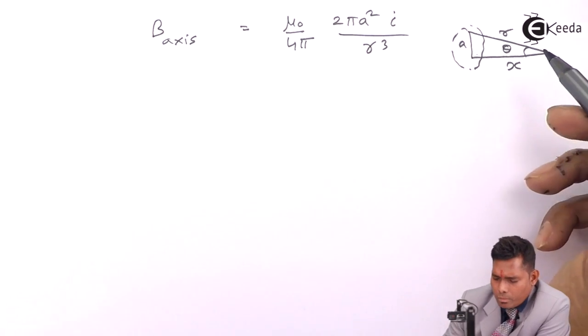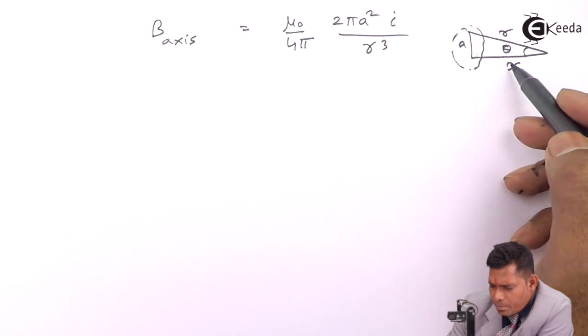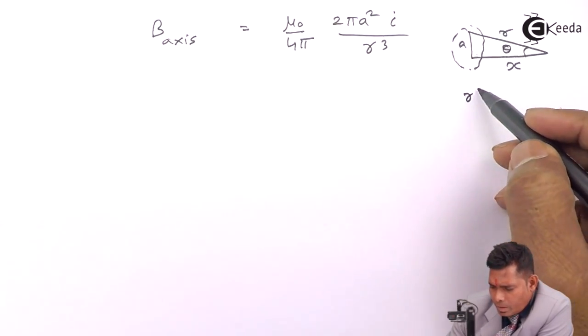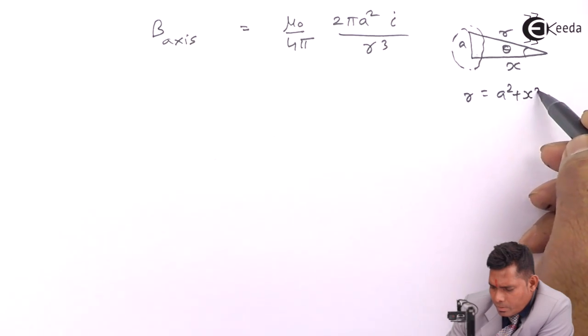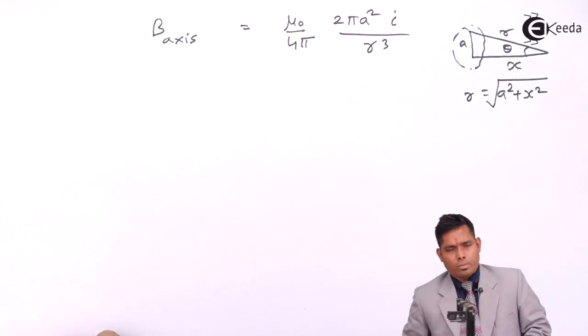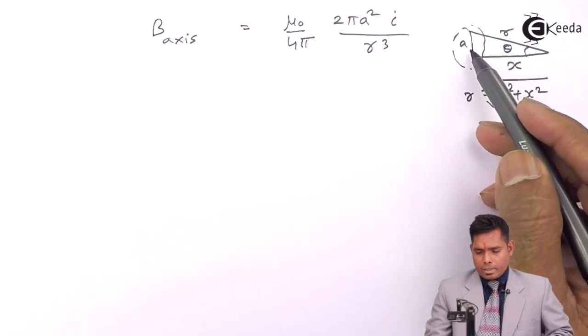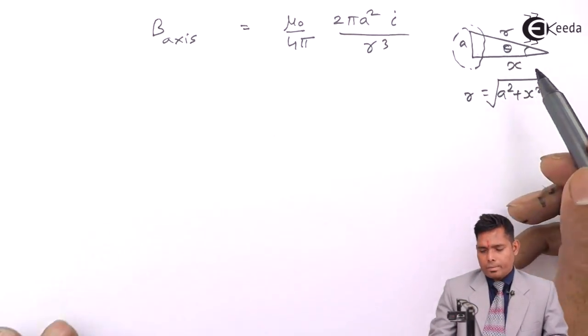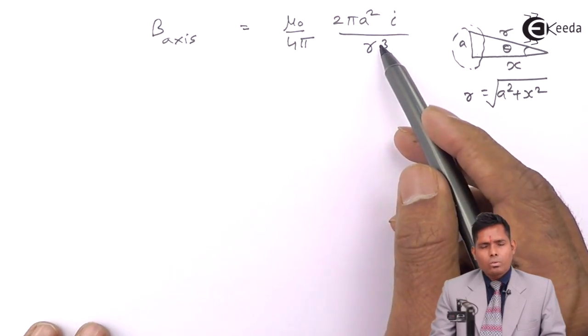Now, this R is basically square root of A square plus X square. Pythagoras theorem: the sum of the sides squared is equal to the hypotenuse squared. But here it is R cube.